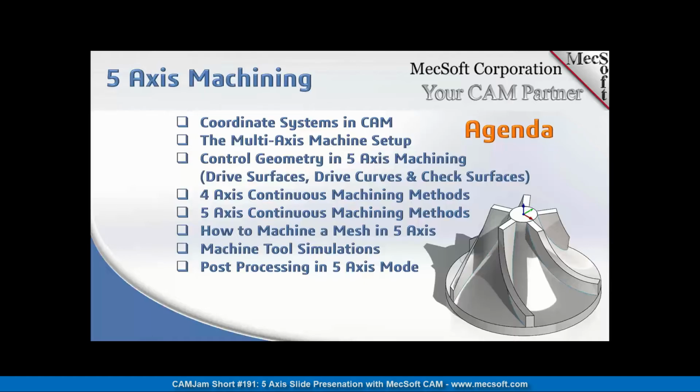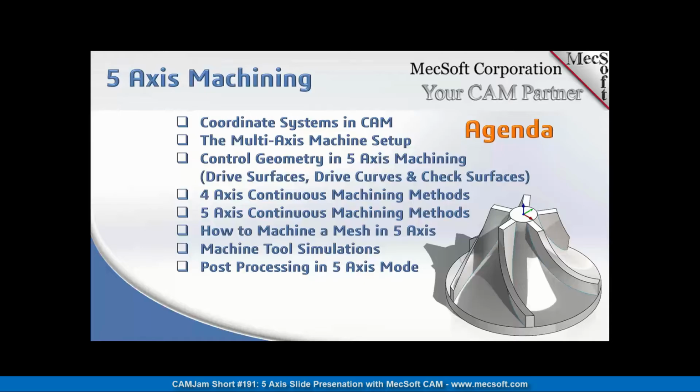Next, we're going to be talking about the different types of control geometry that you will come into in 5-axis machining. Drive surfaces, drive curves, check surfaces, all of the geometry types we'll be covering today. Also, we're going to talk a little bit about 4-axis continuous machining methods, and then also 5-axis continuous machining methods.